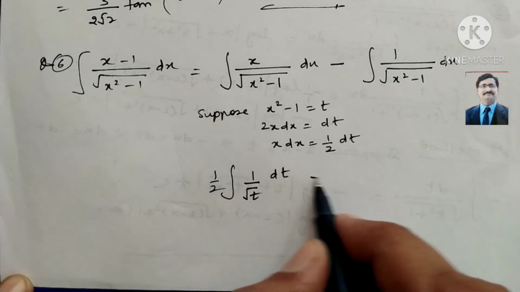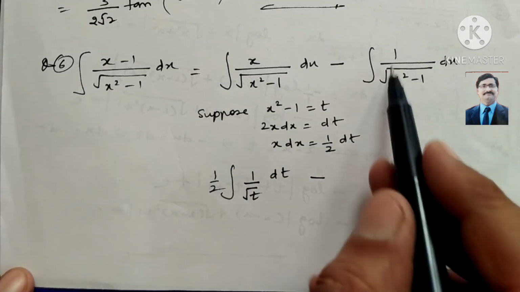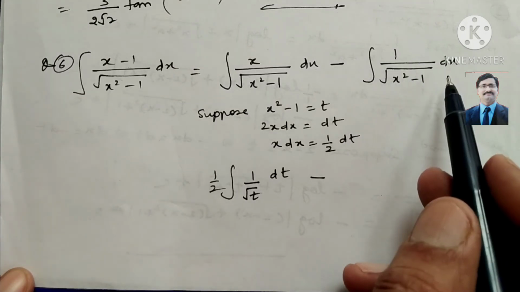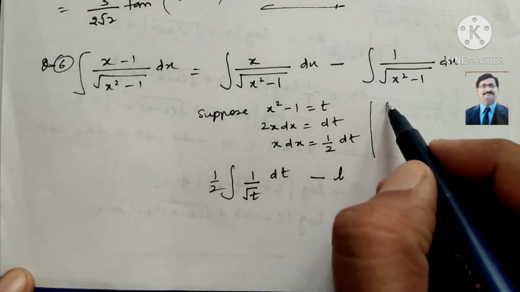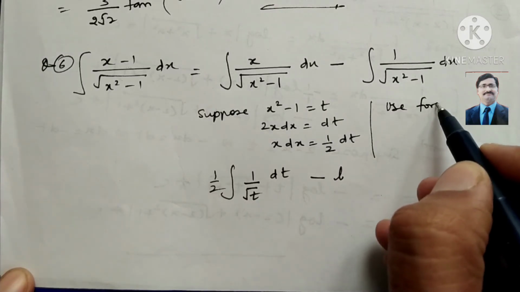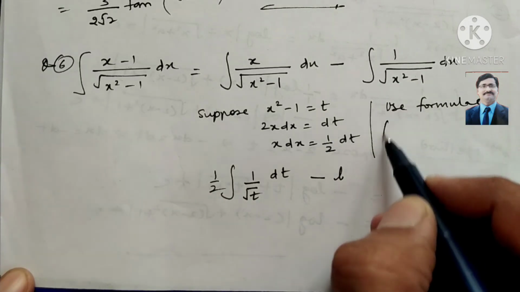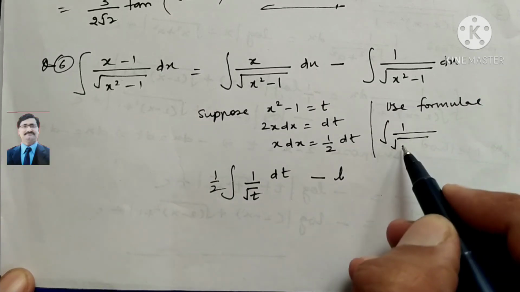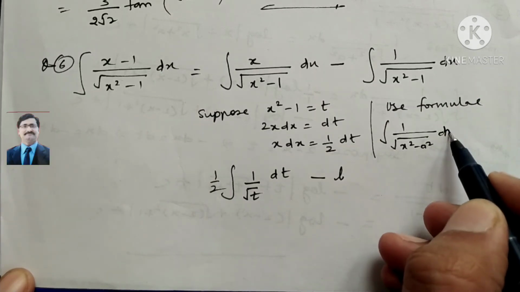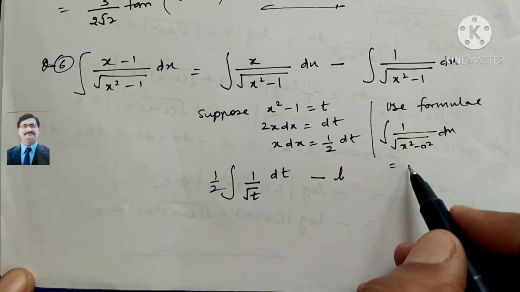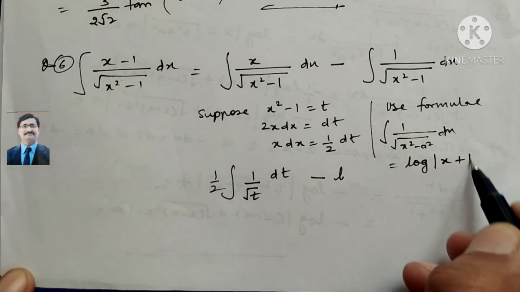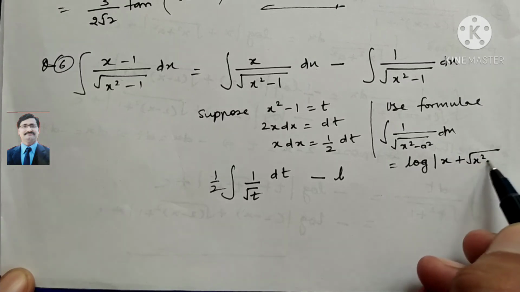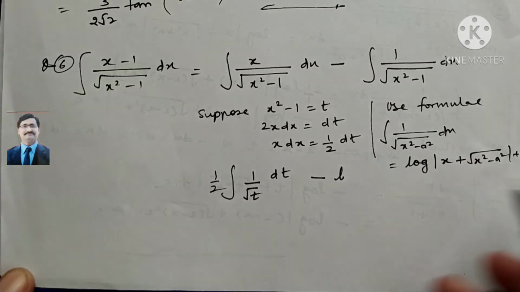All of you understand? Minus, look here, this is a standard format, and here we use the formula. The formula we know already: the integral of 1 upon root of x square minus a square dx equals log of x plus root of x square minus a square.